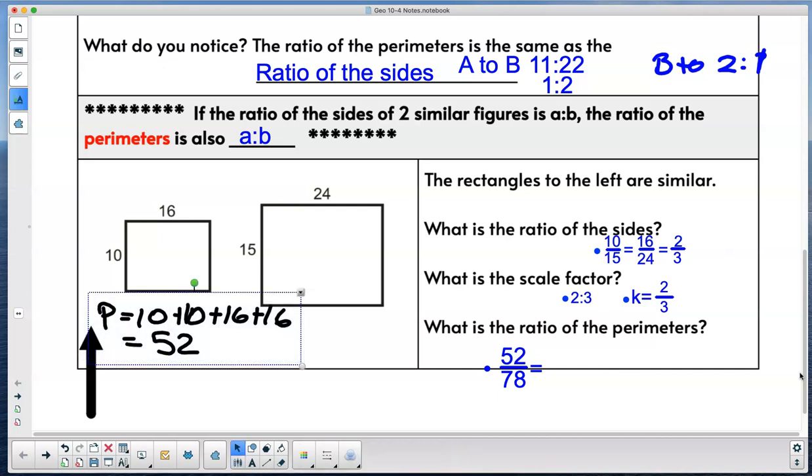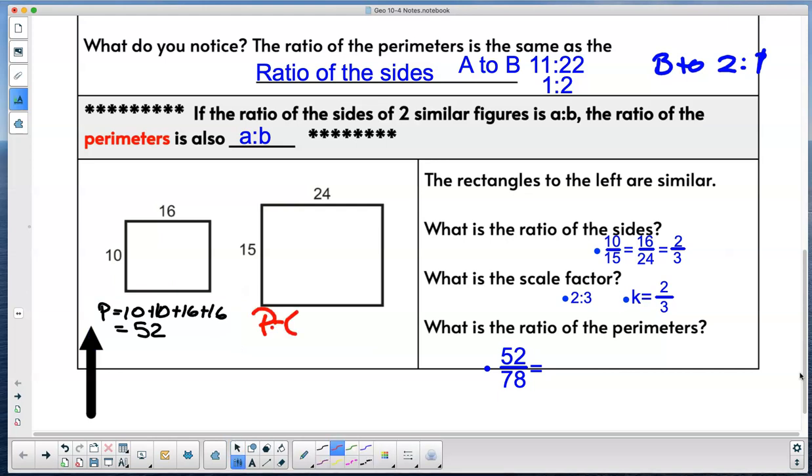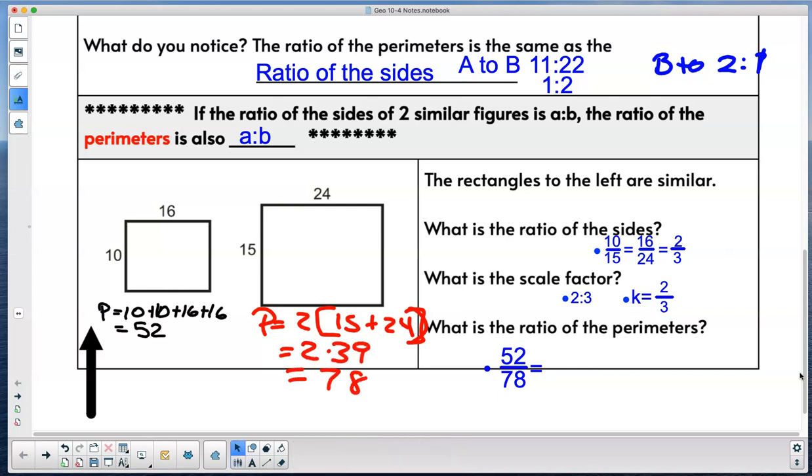But I could also look at it as perimeter equals 2 times 15 plus 24. My 15 plus 24 is 39, and 2 times 39 becomes 78. That's where I got those numbers.